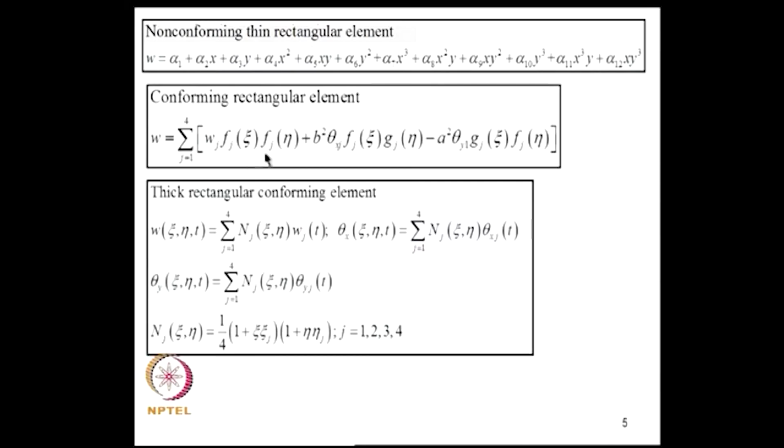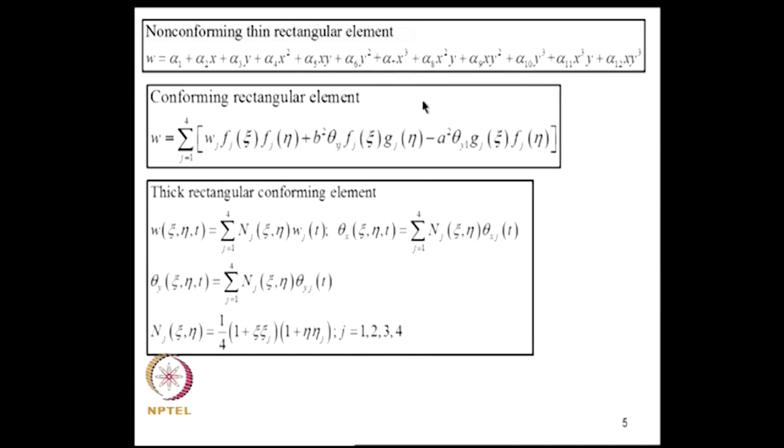Then by considering the shape functions to be made up of products of beam shape functions, cubic polynomials, we developed a conforming rectangular element. In this model we showed that we need to include dou square w by dou x dou y also as a degree of freedom. If it is not done, dou square w by dou x dou y becomes 0 at all the nodes, and consequently as the element size becomes small, there will not be any twist.